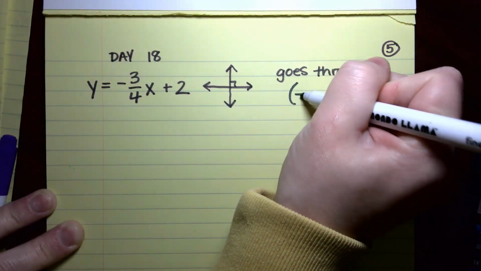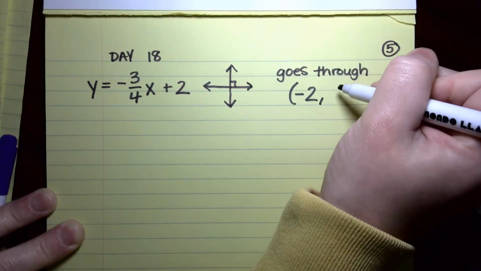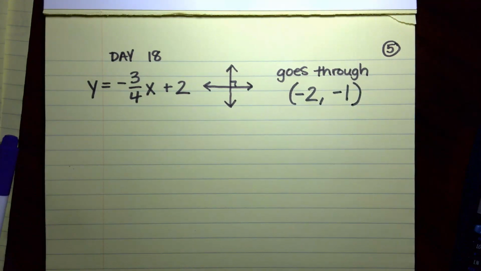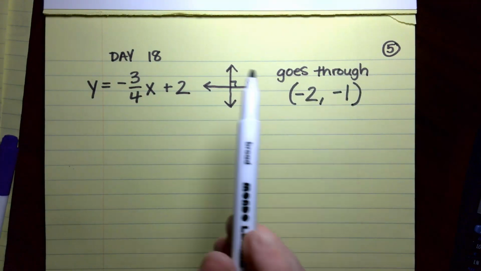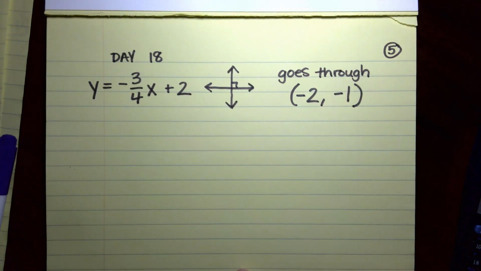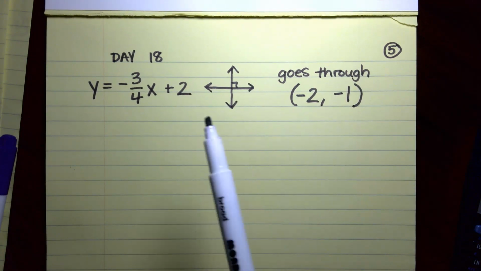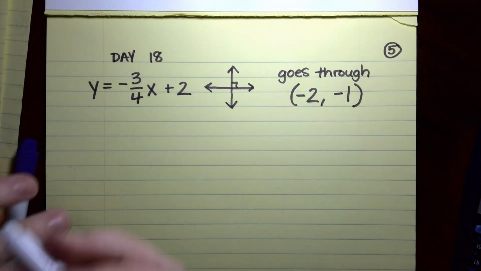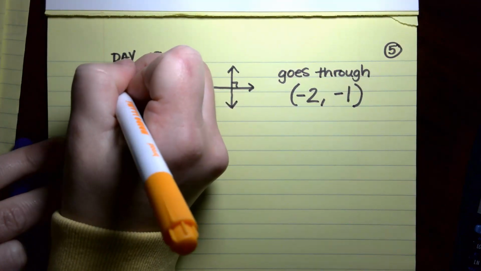It's going to go through negative 2, negative 1. Is everybody okay with the way I'm writing this? I'm saving a little bit of time so we don't have to write out all the directions, but here's our original equation. Find the perpendicular line. I'll label that if it helps.